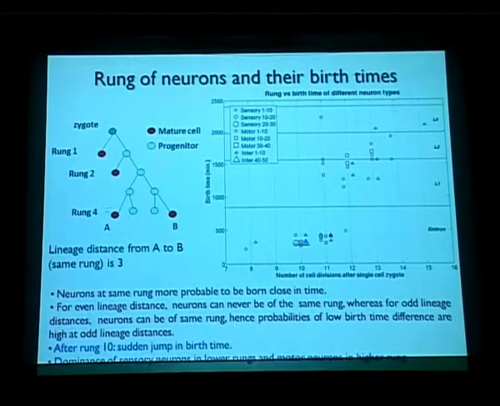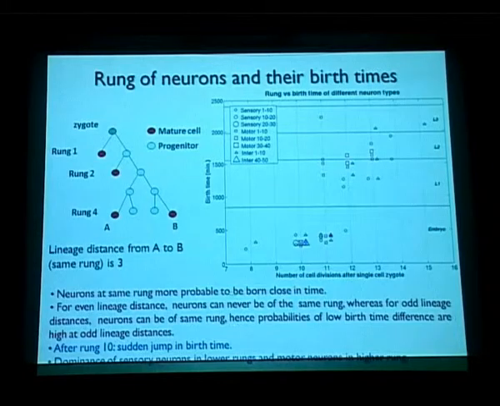So hence the probability of low birth time differences is high at odd lineage distances and low at even lineage distances. It's important to note that neurons at the same rung are more or less born close in time.